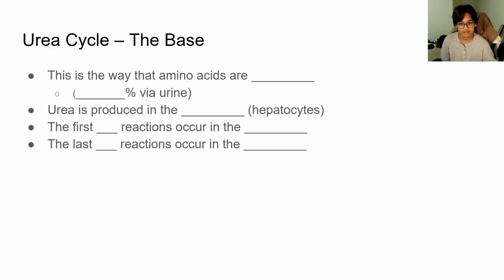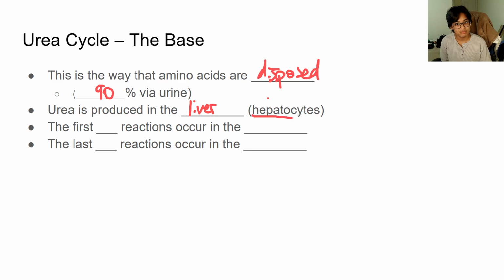So this is the urea cycle. This is the base. This is the way that amino acids are disposed, and 90% of the amino acids are disposed via the urine. Urea is produced in the liver. That's why we're going to the liver eventually. That's where hepatocytes are. The urea cycle.